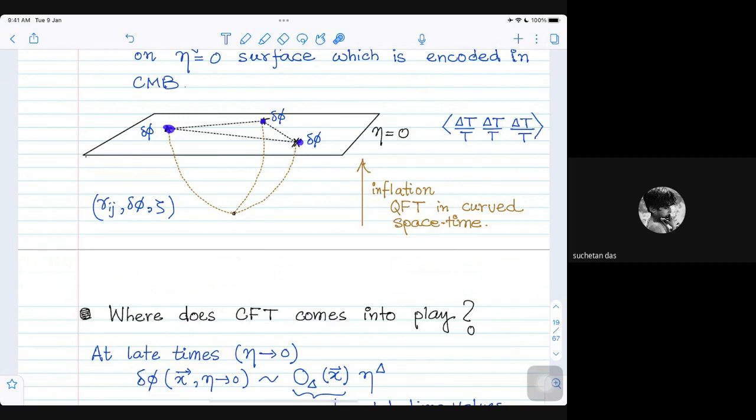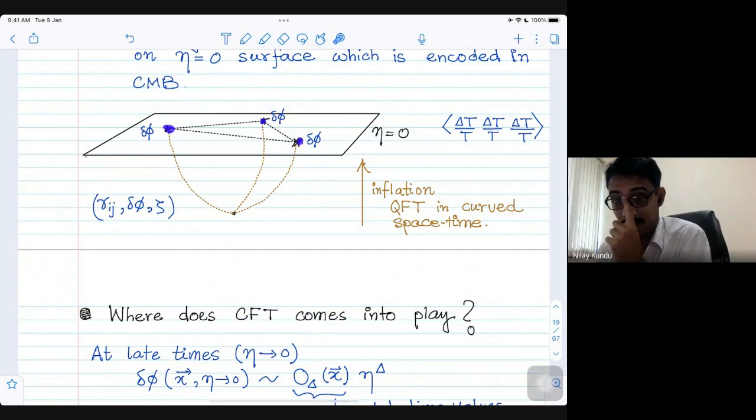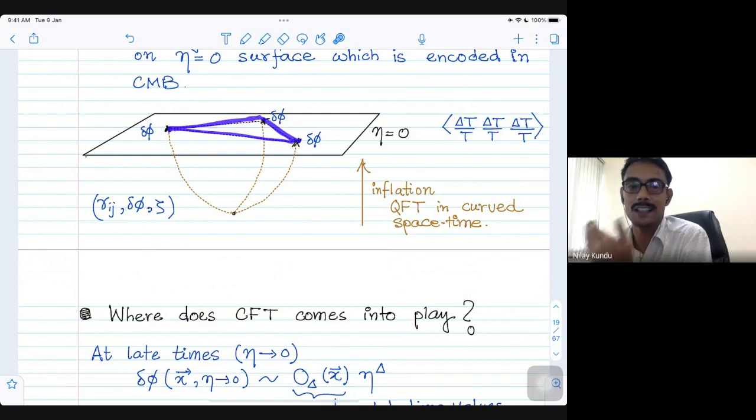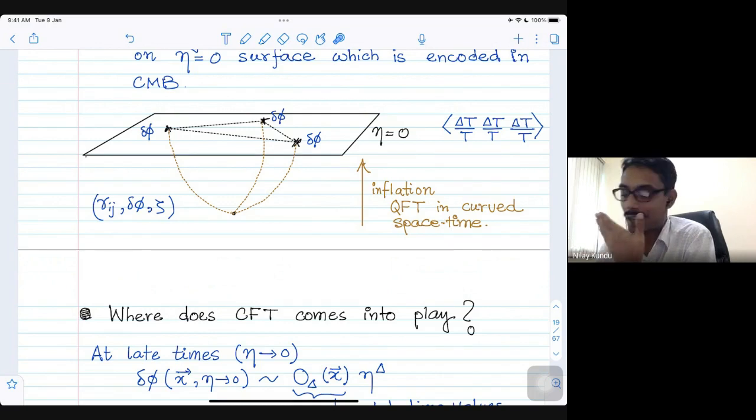But momentum space, generally in cosmology also, when people look for these correlations, they do it in momentum space. There's one reason: if you would like to match it to observation, then you should better do it in momentum space. But then what do they do?